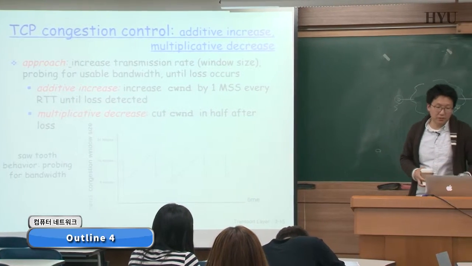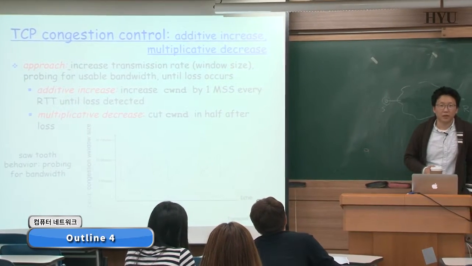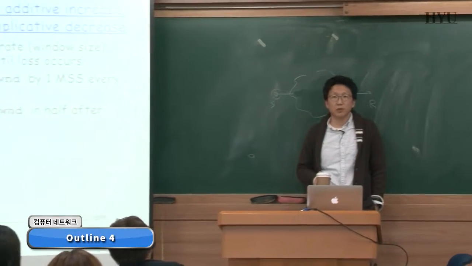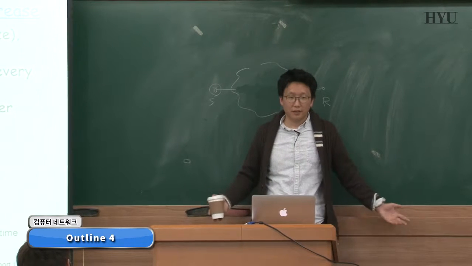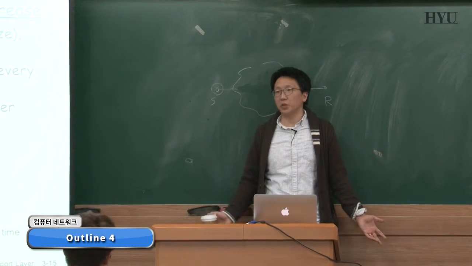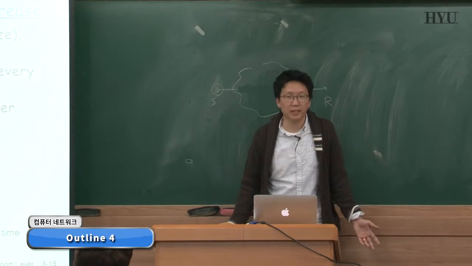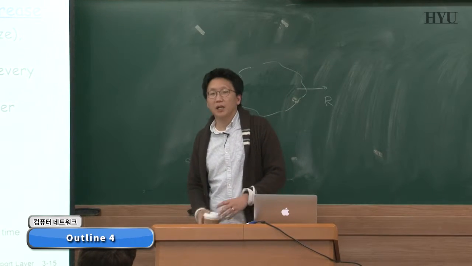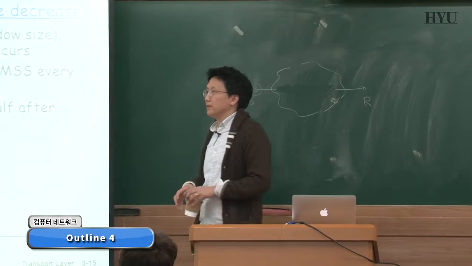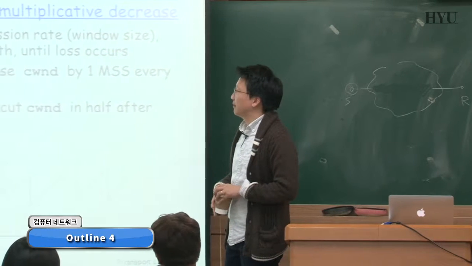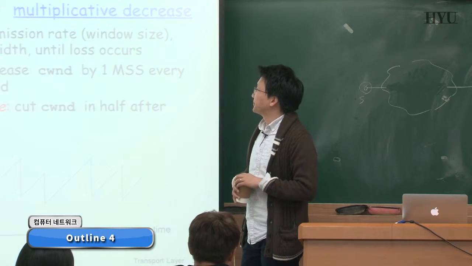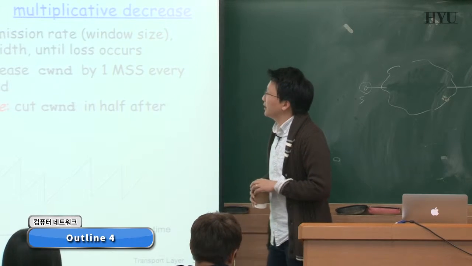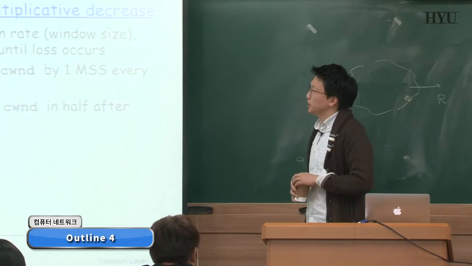The approach is to increase the transmission ratio. Again, in order to increase my transmission ratio in TCP, the only option that I have is window size. Increase my window size. Send more packets within the same window scale. Probing for usable bandwidth until loss occurs.